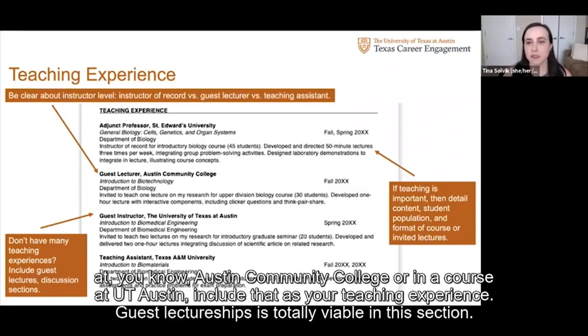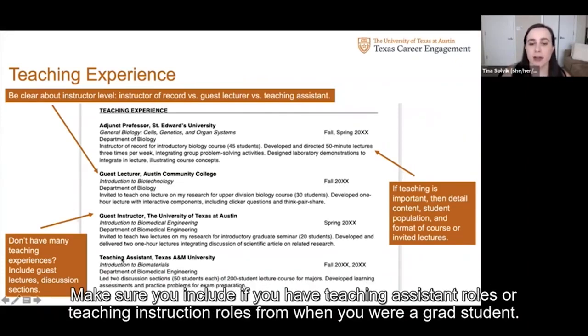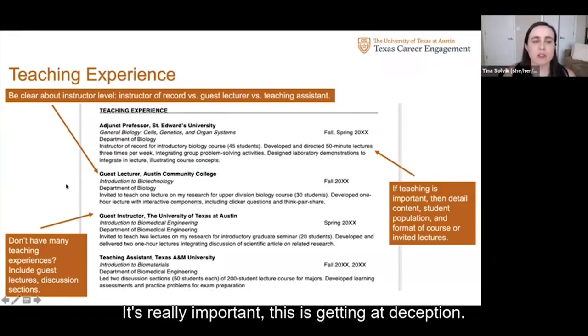Guest lectureships are totally viable in this section. And make sure to include any teaching assistant roles or teaching instructor roles from when you were a grad student. It's really important, and this is getting at deception: you want to be very accurate about what your instructor level was.